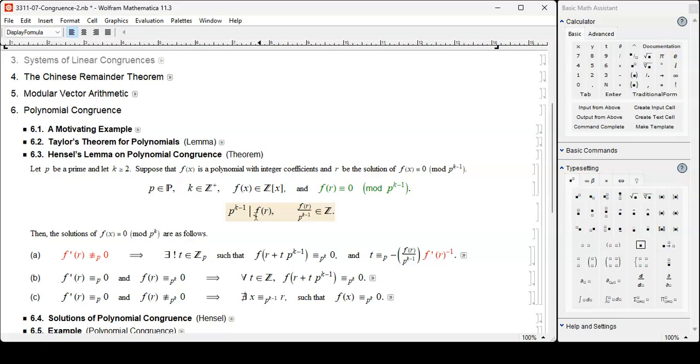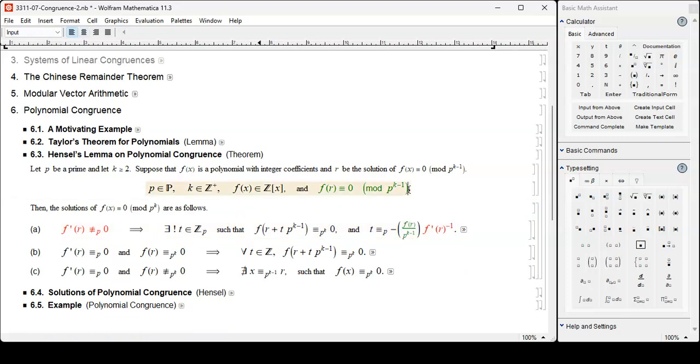So f of r is p to the k minus 1 times some integer. It's a multiple of p to the k minus 1, and that's some integer here. So let me highlight this in green because it came from this green. This came from this red, and this came from this green.